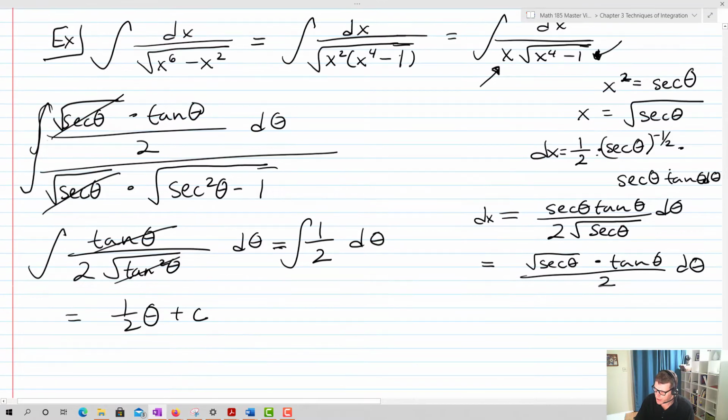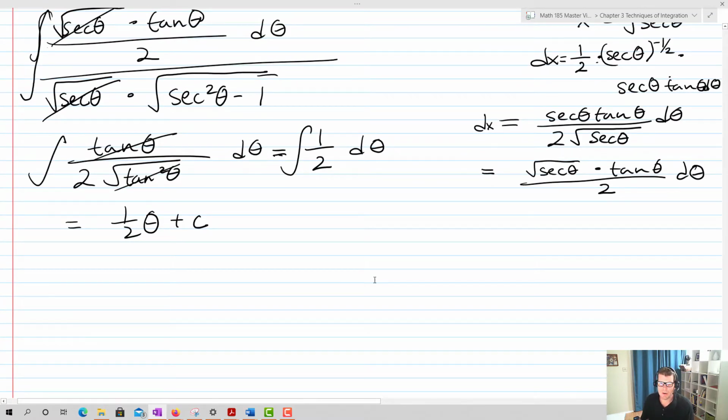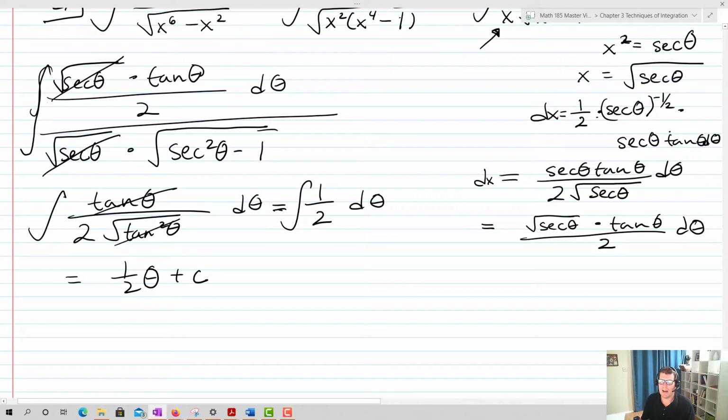Now, here's the thing. Notice we've got x squared equals secant theta, so we need to find theta. I'm going to transform this into x squared equals 1 over cosine theta, because generally we're not going to find secant inverse.